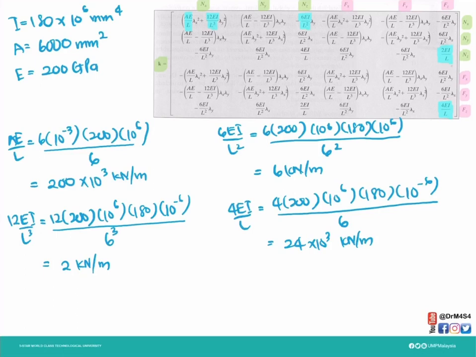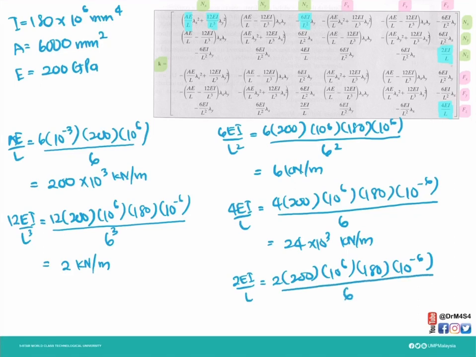Next, we're going to find value for 2 EI over L. 200, 10 power of 6, 180 times 10 power of 6 divided by 6. So we get 12 times 10 power of 3 kilonewton meter.